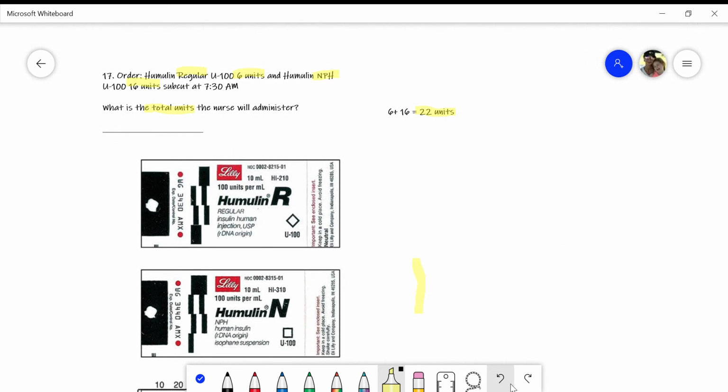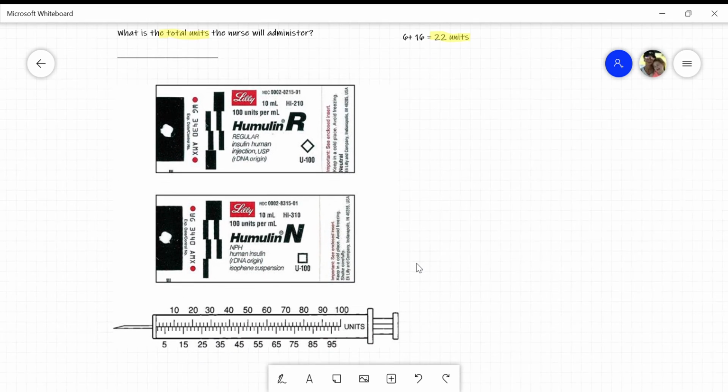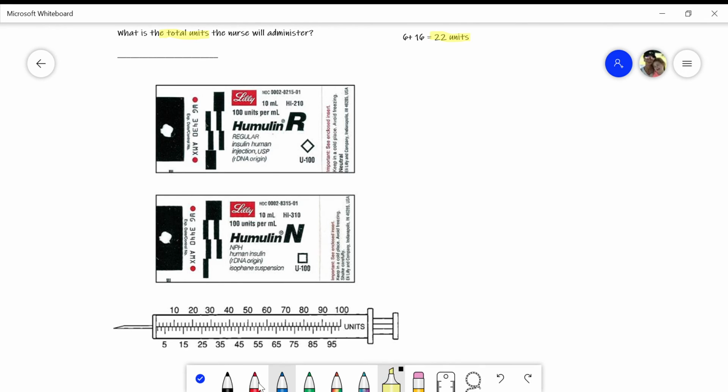And then it's going to ask you to do the syringe, which when I do these problems, I try to do them in the correct pull, just like if you were doing it in class, of which to pull first. So you would pull your regular first, obviously, and that's going to be up here.